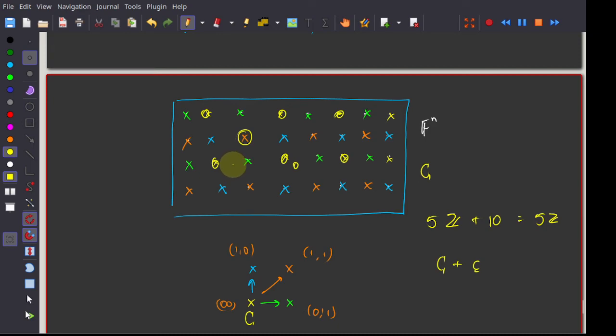Now what should my minimum distance decoder do? It should decode to this point, right? So one way is to find the distance to all of these points and then declare this as the minimum. Now my new decoder, what I'm going to do is, firstly, I have some magical way of finding out the color, right? I find out that it is an orange.